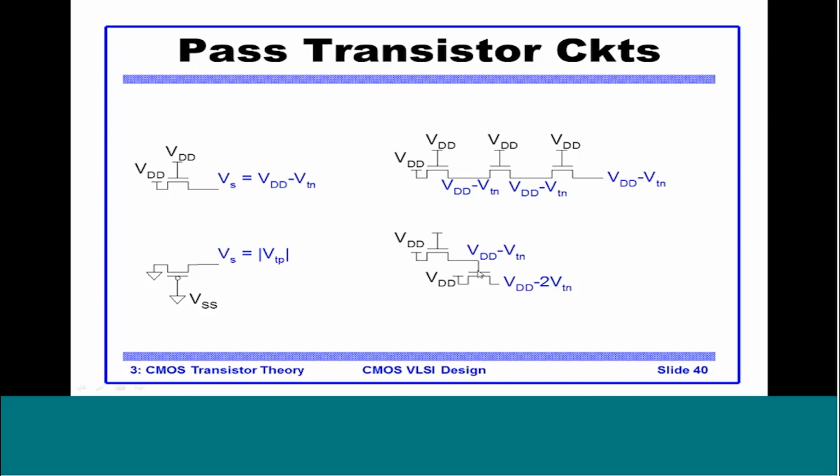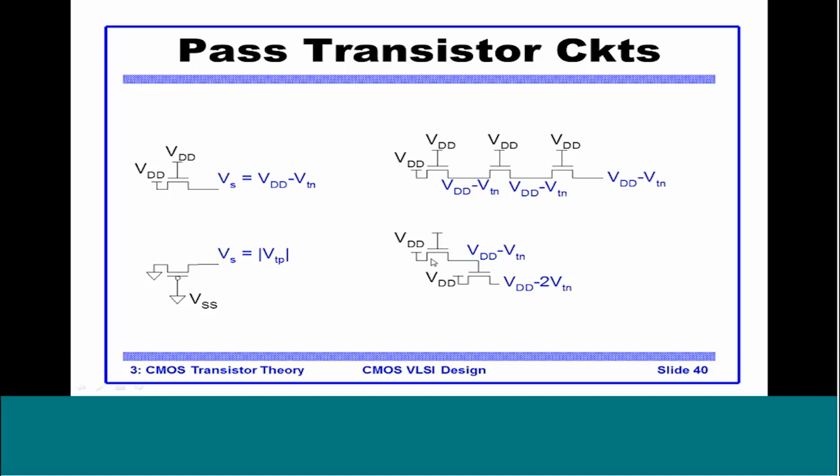Now, the difference between the VG and VS should be greater than VT for a transistor to operate in an on mode. So we see that this transistor here will exhibit a 2 VT drop because the voltage on the gate is decreased by VT already. Please, again, go back to the equations and verify that this indeed is the case.